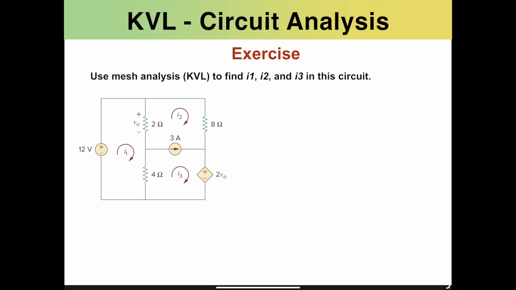Try to consider unknown currents, for instance, the currents that are passing through this branch or the other branches that are sharing some currents from the loops with respect to original I1 and I2 and I3. And keep I1, I2, I3 as the only unknown variables that you would have, and try to solve it with the mesh analysis, or KVL, that we just explained.